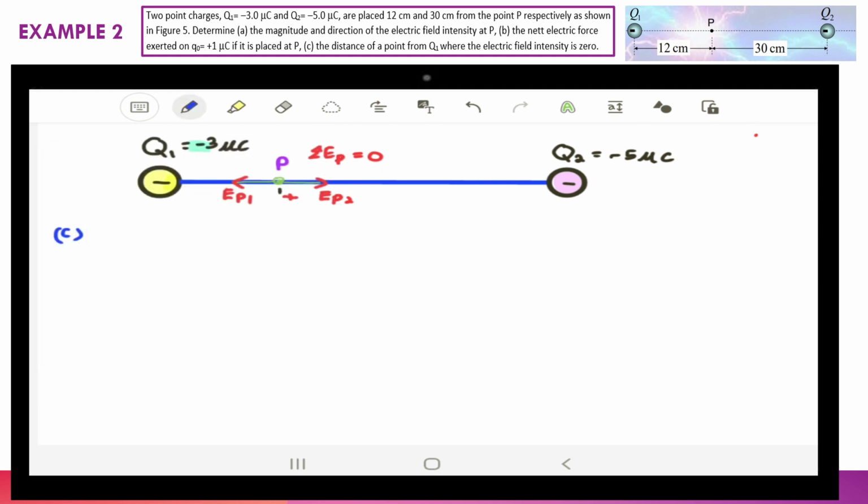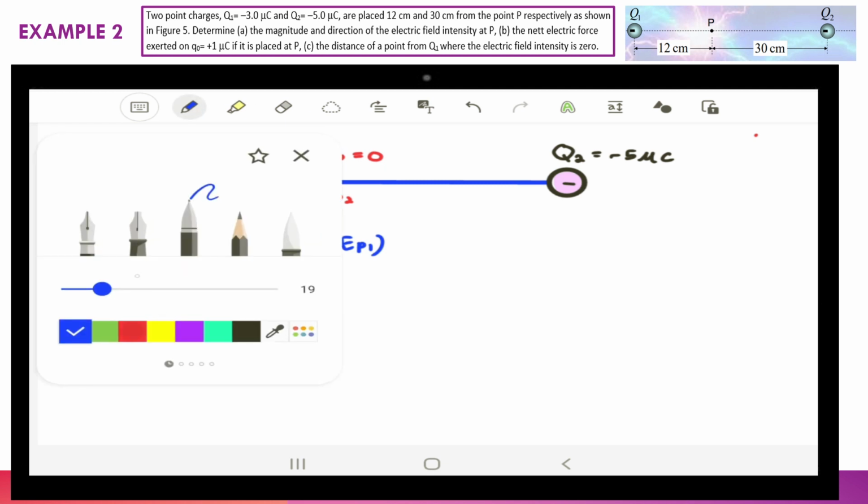So we can write the total electric field at point P as, based on the direction, EP2 is to the right, so it should be positive, plus EP1 is to the left, and it's negative EP1.